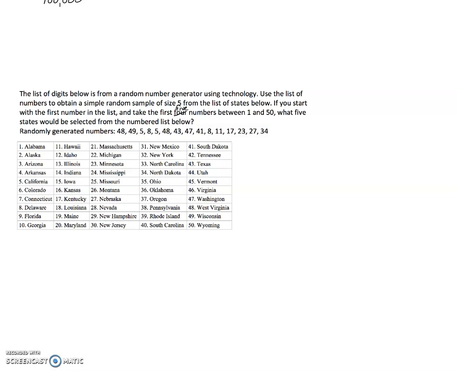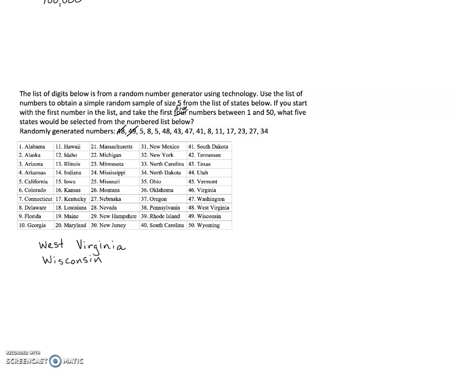So if we start, and I'm going to cross these off as we go. The first one is number 48, which is West Virginia. And I'll cross off that. The next number in the list is 49, which is Wisconsin.